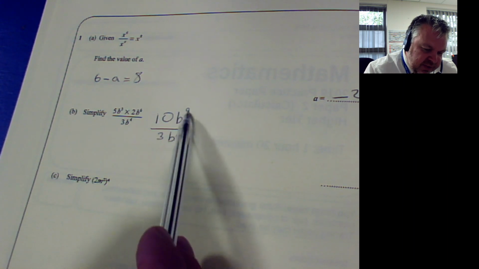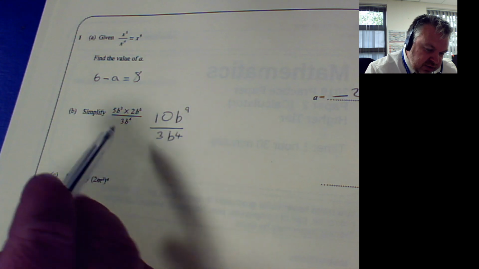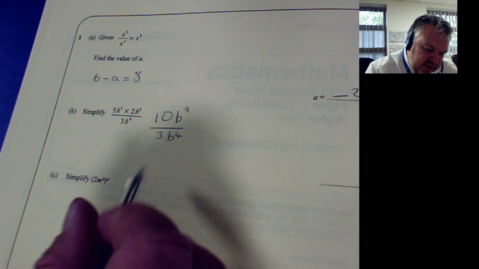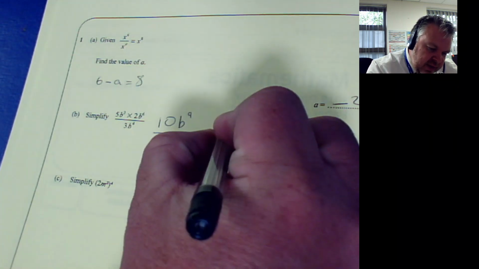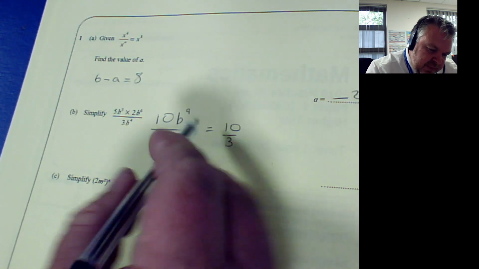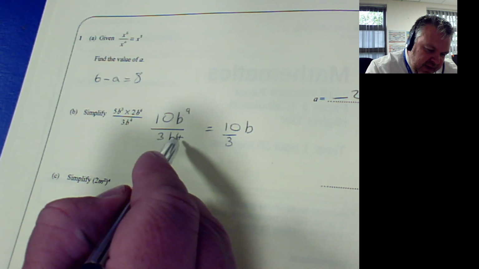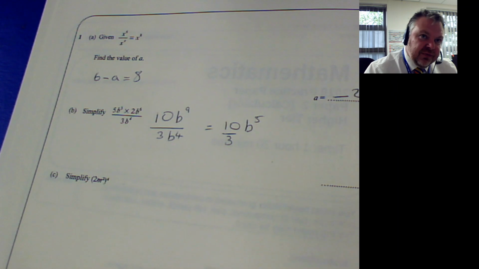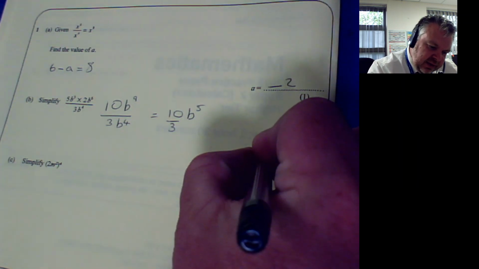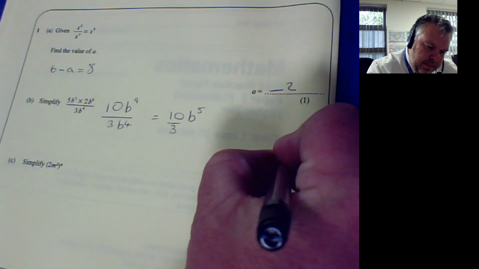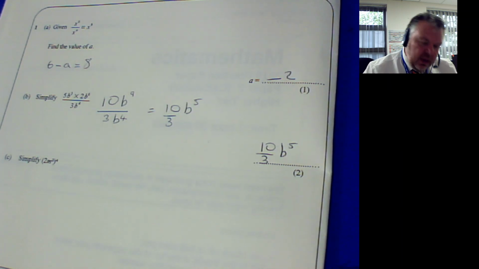I can cancel some of these out, but I can't really do anything with my fractions here, so I'm just going to leave this as 10 over 3. My b's power is at the top, so b to the 9 take 4 is 5. So 10 over 3, b to the 5. Again, just write it on my answer line.